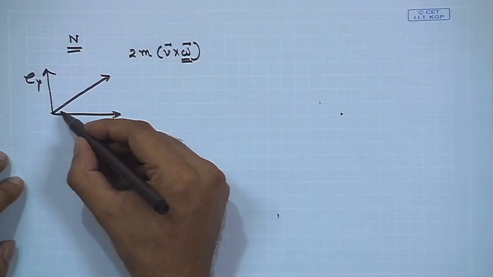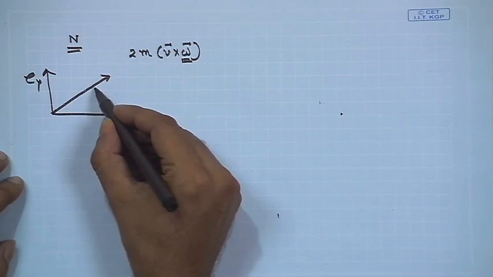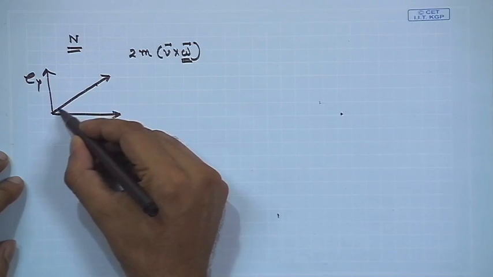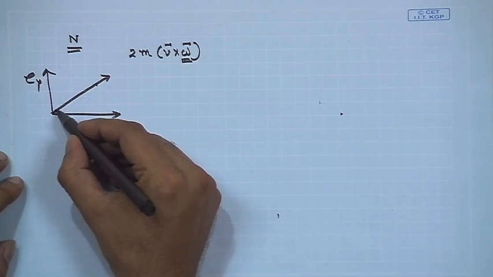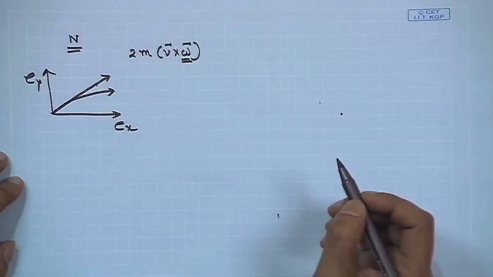In the northern hemisphere, this force will make this particle, this object, deviate to the right of its original direction.